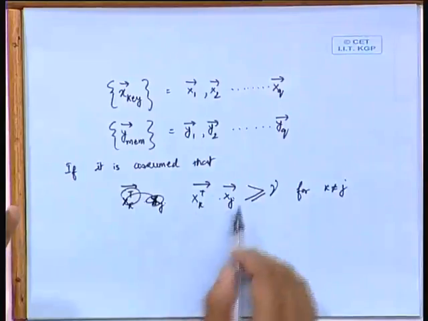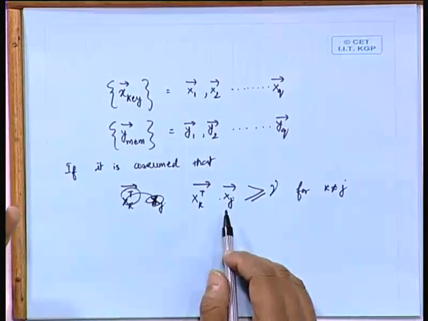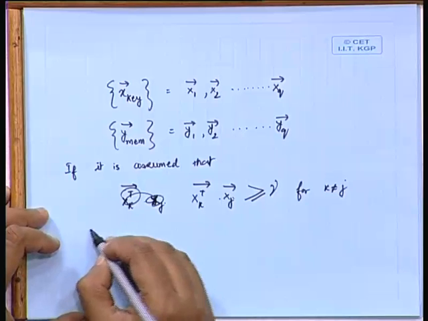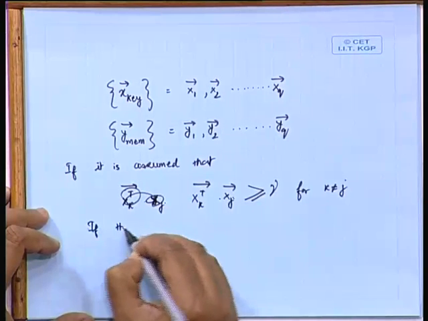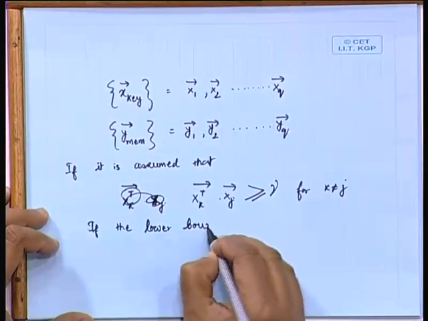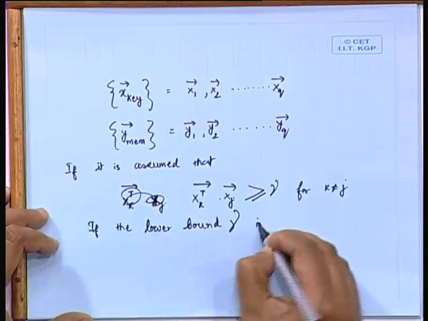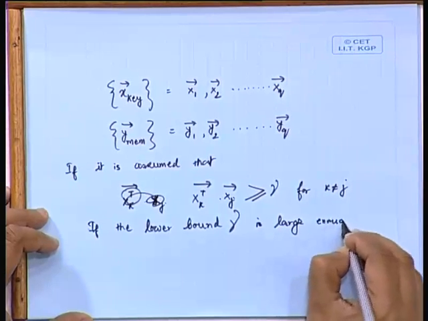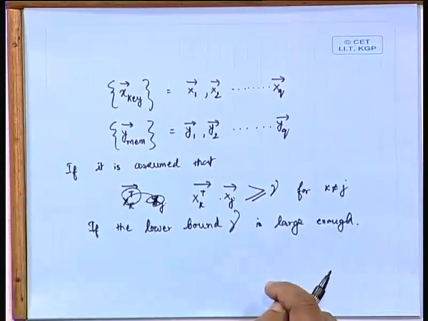Gamma is some lower bound on this product x k transpose x j. So, if the lower bound gamma is large enough, what can we expect out of that?